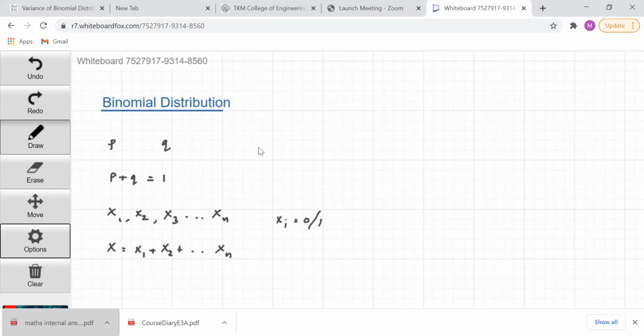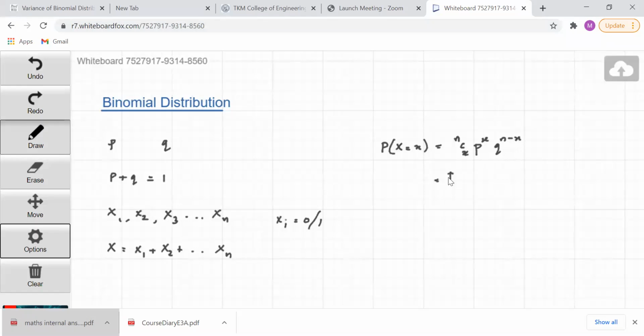Now, let's say we are defining the probability of X equal to x, which means the probability that there are exactly x successes in n trials, which is equal to nCx p raised to x q raised to n minus x.